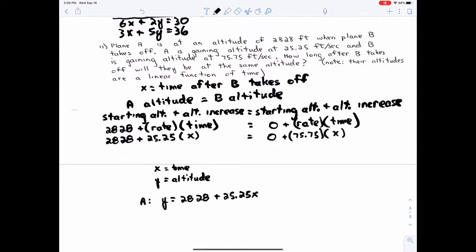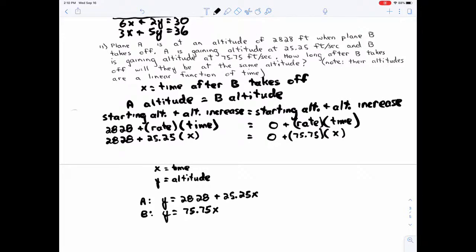And then they're going to make you write an equation for B. And it's just y equals essentially 0, which you can ignore, 75.75x. And then they're going to say, now solve it. And so what would you do? You go back to the equation that I had written to begin with, because if you write this as two equations and two variables, notice they're both equal to y, so you would just set the two equal to each other.